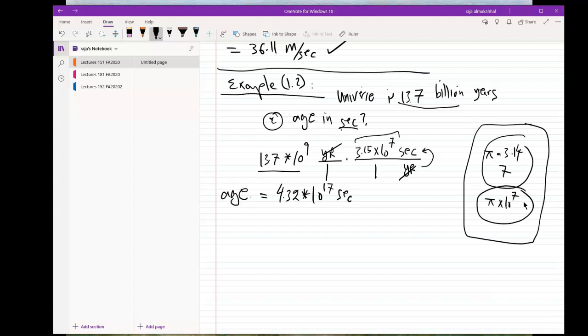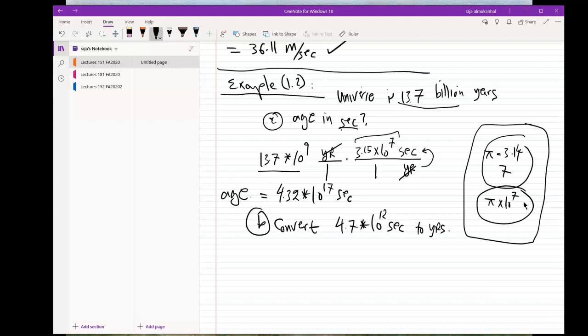Okay. Part B, he says convert 4.7 times 10 to the 12 seconds. This is how long humans have been on Earth, according to the problem, to years.